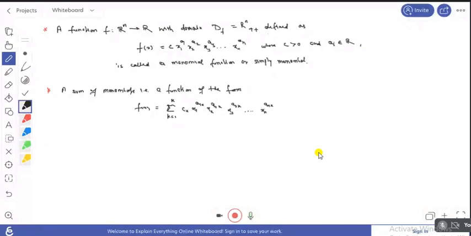In all these monomials, every ck is strictly greater than zero, since it is a sum of monomials. This is called a polynomial function with K terms, or simply a polynomial.